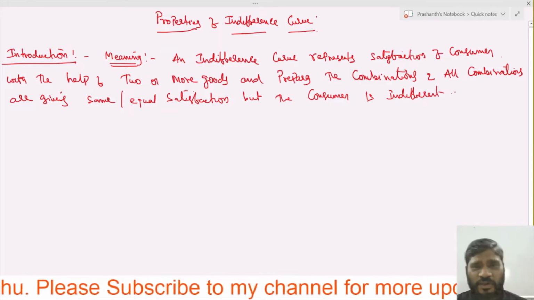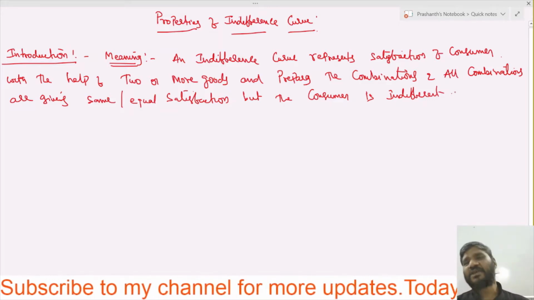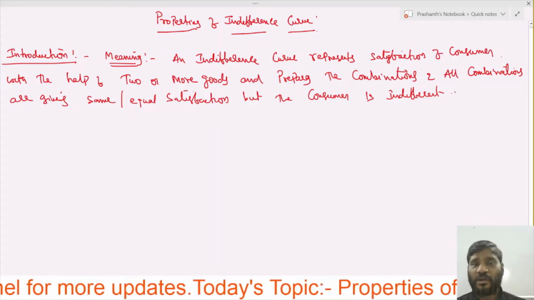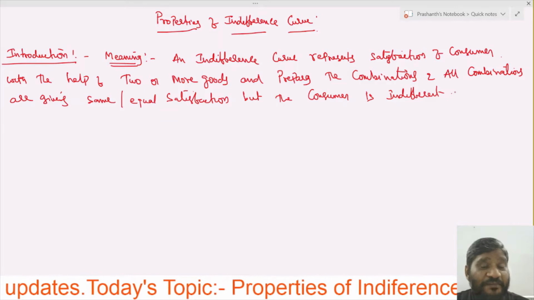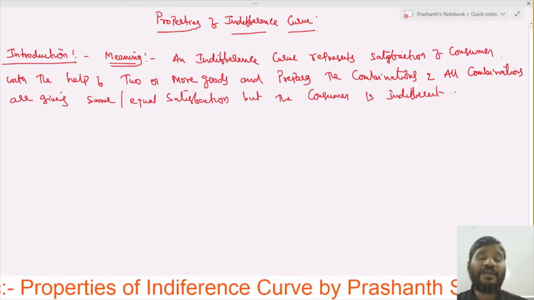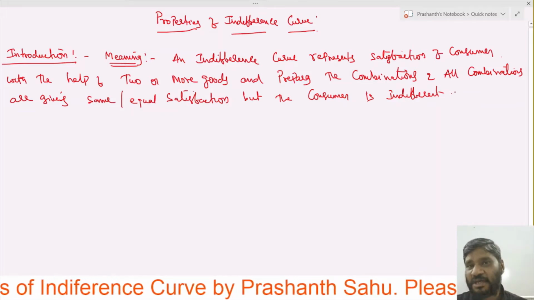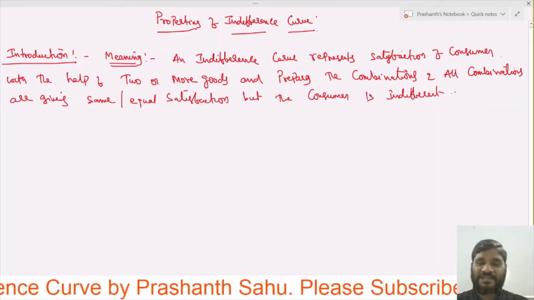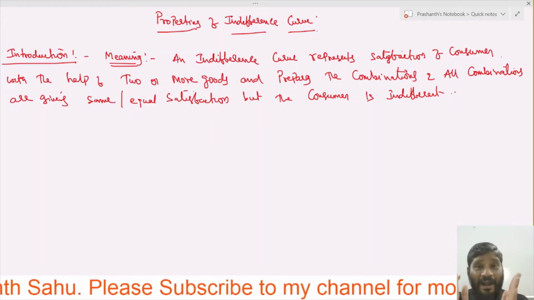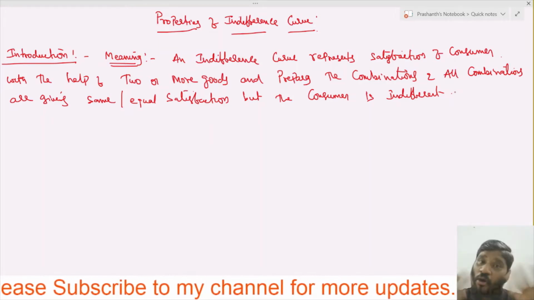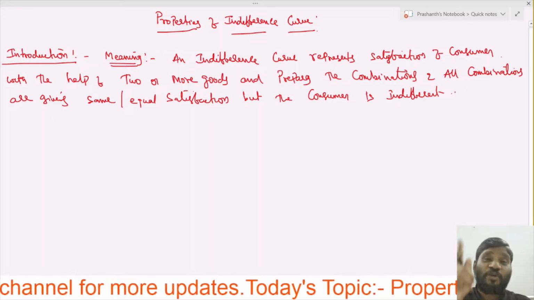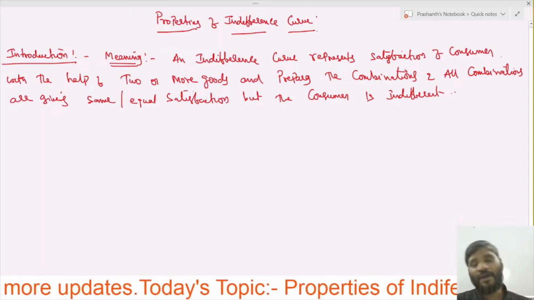In the indifference curve, it is telling about the satisfaction of a consumer, and he is getting the satisfaction with the help of two or more goods. He is preparing the combinations, and with the help of those combinations he is getting some sort of satisfaction, right? All combinations are giving the same satisfaction, but the consumer is indifferent to select the combinations.